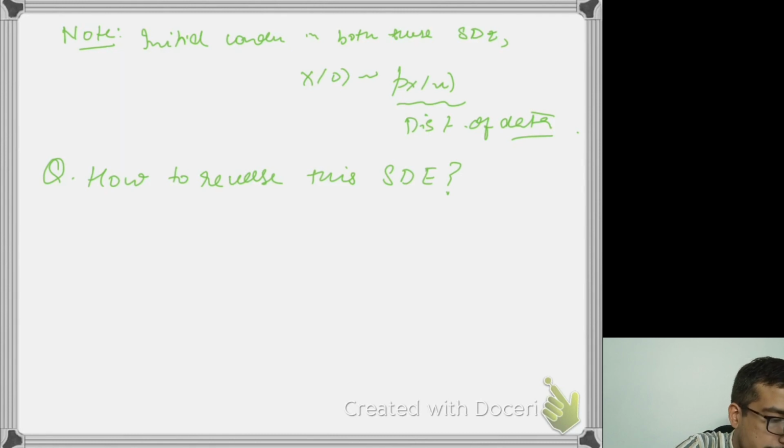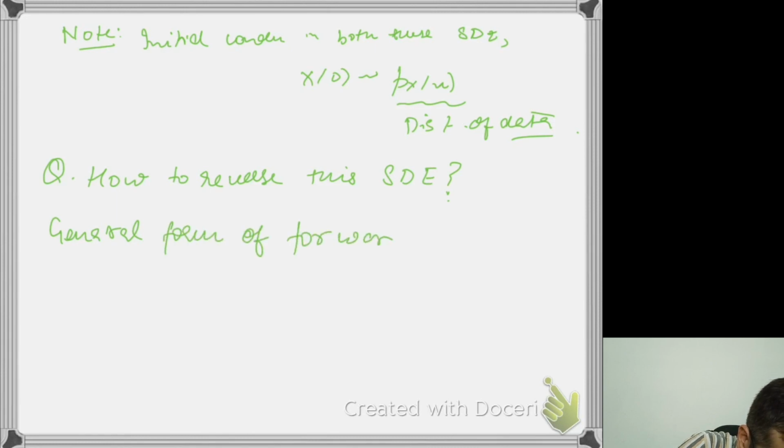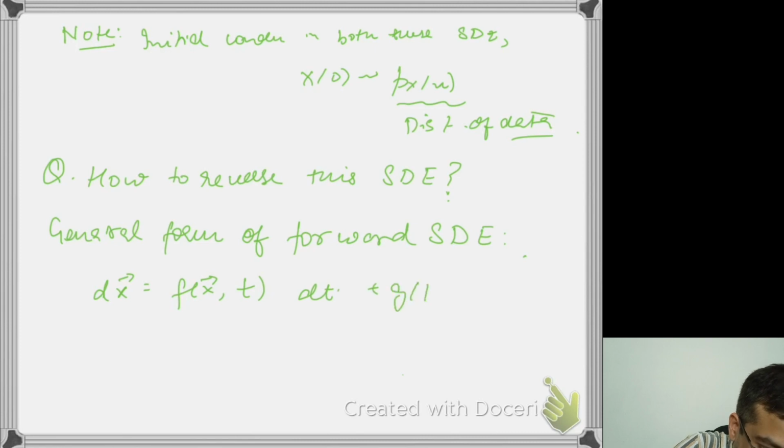To do that, let's take the most general form of the forward SDE. The general form is dx equals f of x, t dt plus g of t dw.